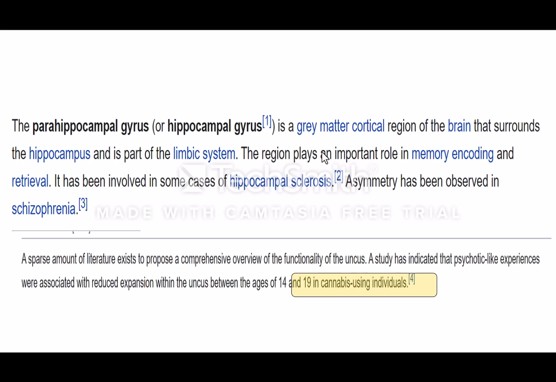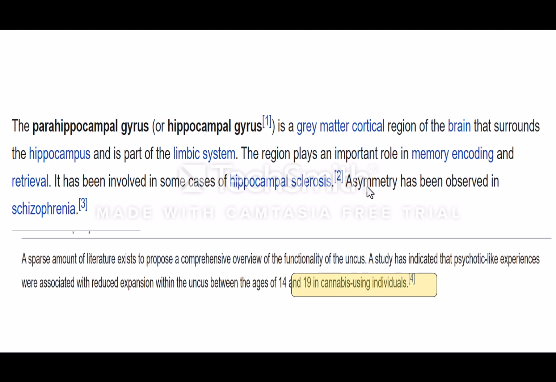The region plays an important role in memory encoding and retrieval. So emotions, memory, the non-tangible aspects of being a human being, are controlled by this limbic system. But then we also found out that the insular cortex also plays a role in some of these functions.